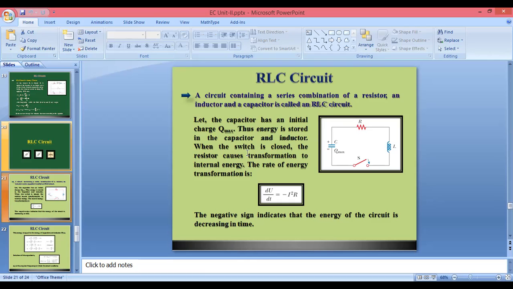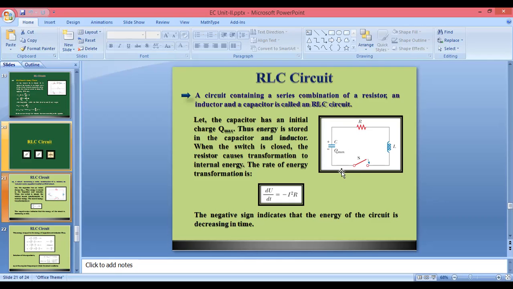And when the switch is closed, the resistor causes the transformation to internal energy, and we can calculate the rate of that energy transformation. If the switch is open, the capacitor has initial charge, which we are considering as Q max.